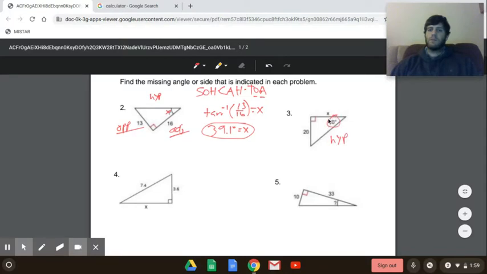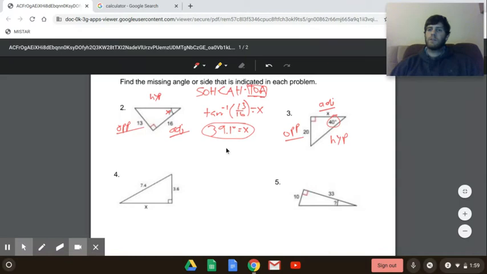Next to is adjacent, so the x is adjacent. Across is opposite, so the 20 is opposite. All right. So we don't have any information on the hypotenuse, but we do have opposite and adjacent. So again, that's tangent.